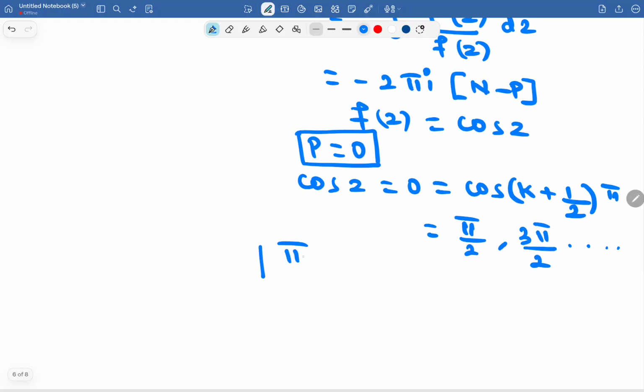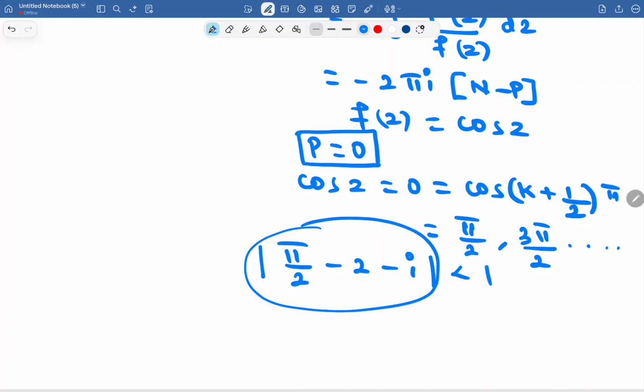Substitute z equal to pi by 2: modulus of pi by 2 minus 2 minus i less than 1. Obviously this value is not less than 1, it is greater than 1. For pi by 2 it is greater than 1. Similarly for 3 pi by 2 the value must be greater than 1.